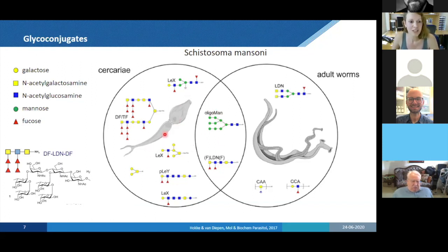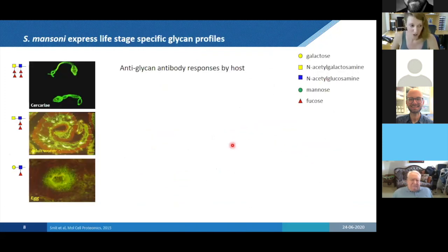And what you can already see nicely is that there's also a difference in glycosylation motifs between the different life stages, so between the Cercaria and the worms. This is also what they've nicely shown using antibodies generated in-house targeting these different glycan motifs. So the Cercaria express different glycans than the adult worms and the eggs.